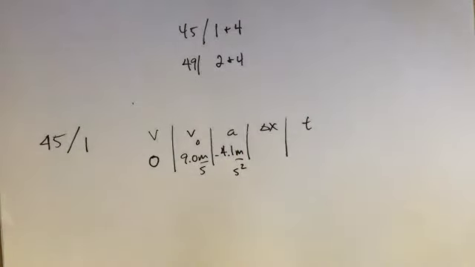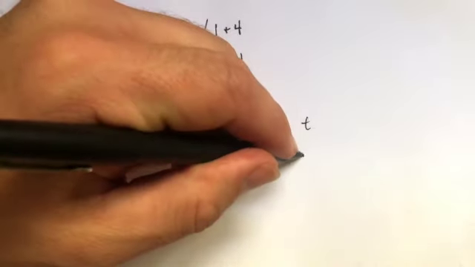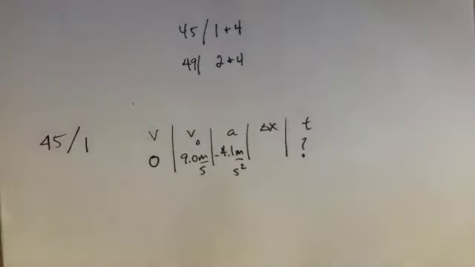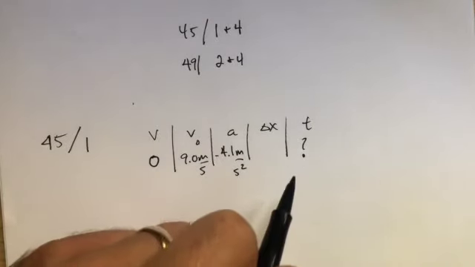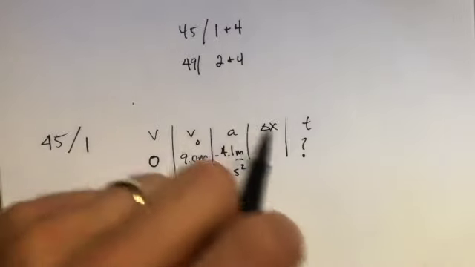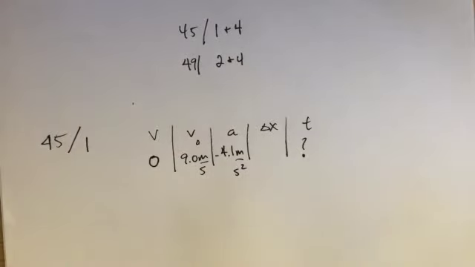Now it says find the time interval that it took for that to happen. Notice it doesn't say how far it took place in. All it cares about is these 3 known variables and this unknown. This covers steps 1 and 2 in the 5-step problem solving process.